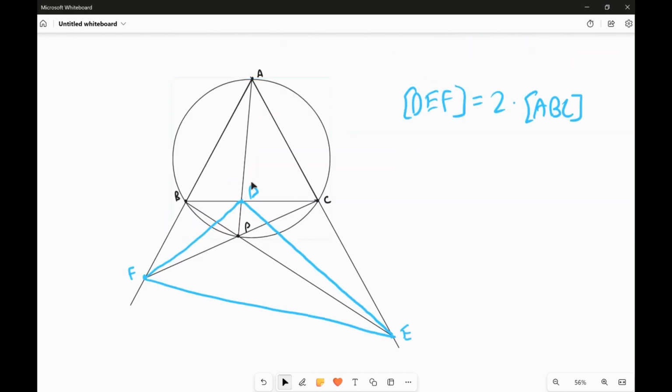So we now have ABC equilateral and DEF, which is the intersection of AP, BP, CP with the opposite sides. We wish to show that the area of DEF is twice that of ABC. What motivates us to use barycentric coordinates? We have these intersections with opposite sides, in particular AP intersect BC, BP intersect AC, and CP intersect AB.